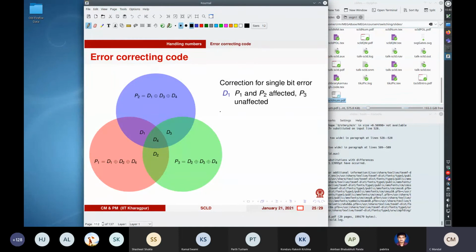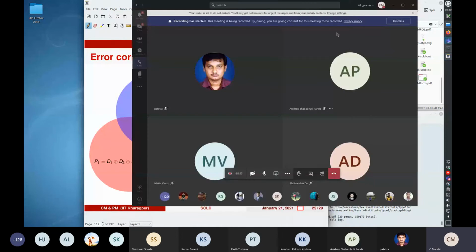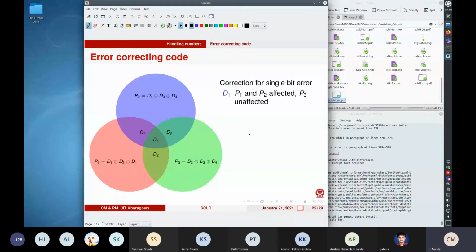So let us say that you have got four data bytes, which are indicated here as D1, D2, D3, and D4.